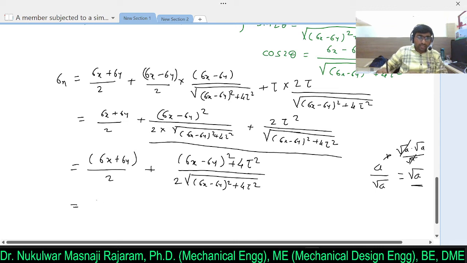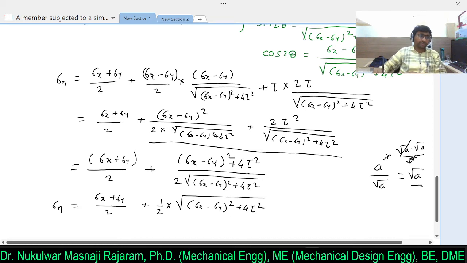So similarly I can write sigma n equal to sigma x plus sigma y divided by 2 plus 1 by 2, I am taking the same 1 by 2 common, and then in the bracket I will get under root of sigma x minus sigma y square plus 4 tau square.